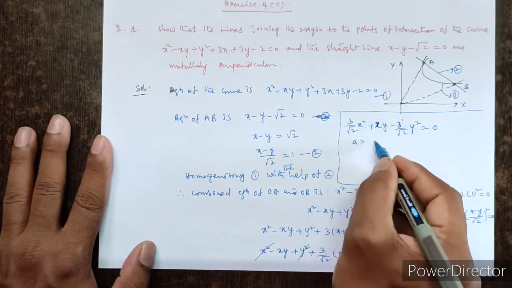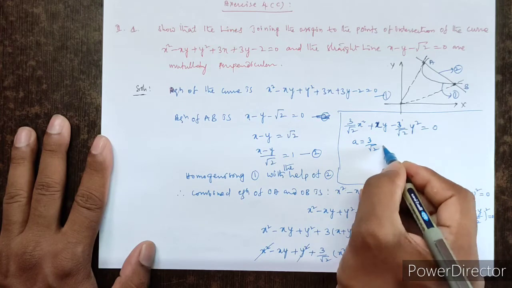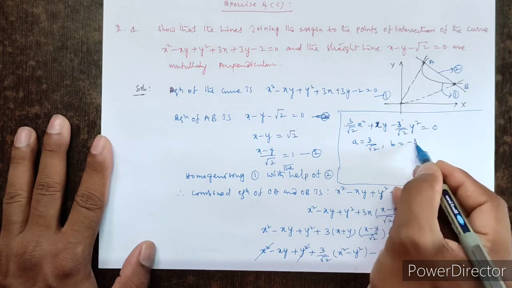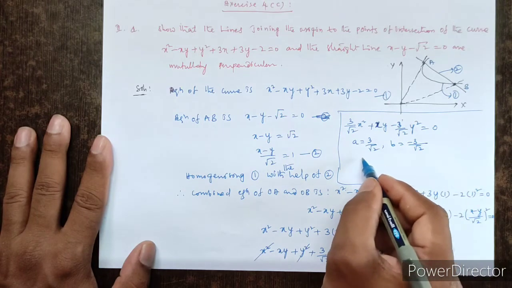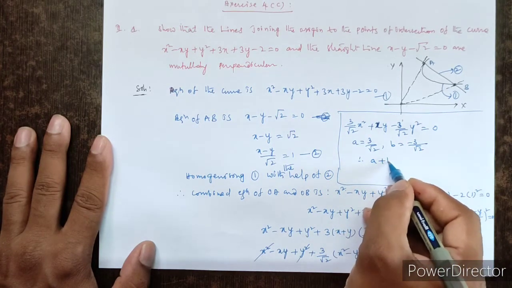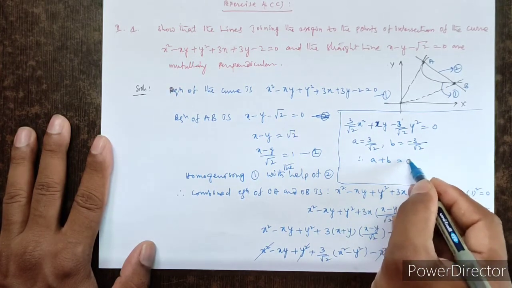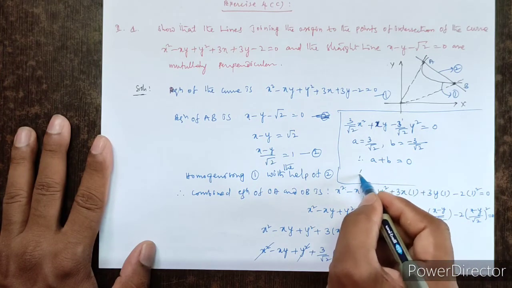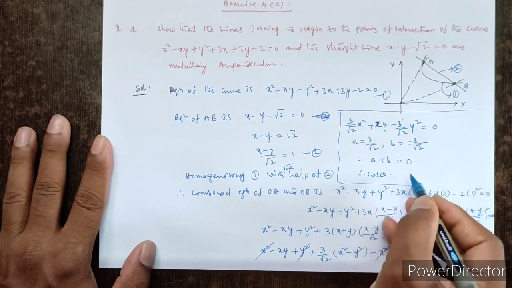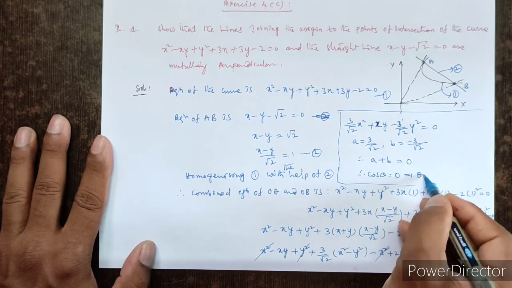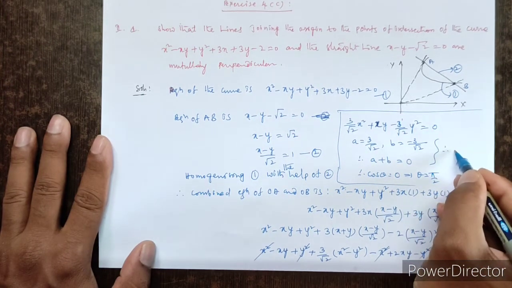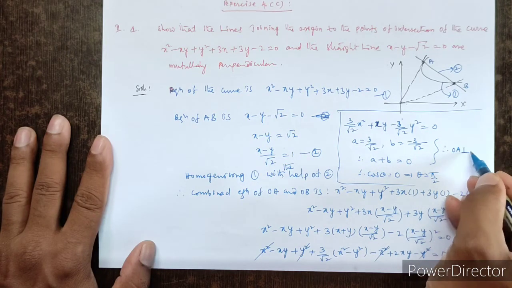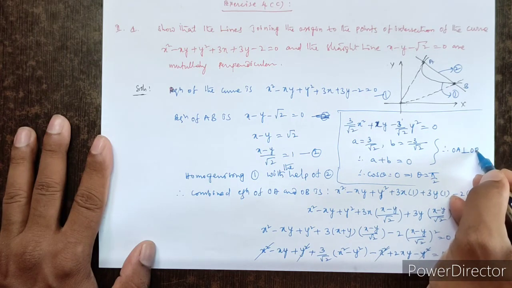What is a here? a equal to 3 by root 2, b equal to minus 3 by root 2. By observation, a plus b equal to 0. Therefore cos theta equal to 0, then theta equal to 90 degrees. Therefore OA is perpendicular to OB.